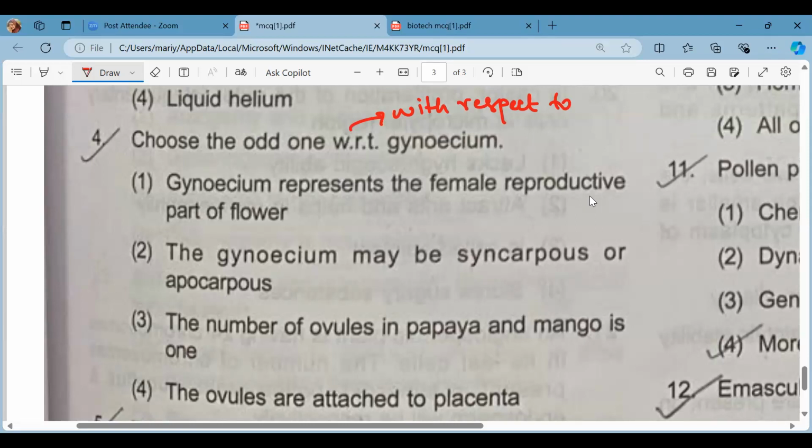Because the ovules in papaya are multiple. What do you mean by ovule? Ovule means the parts which develop into the seed. Papaya has so many seeds, right? But mango has one. So this is wrong because they are saying that papaya and mango both have one seed. That is not possible, right? Very good.